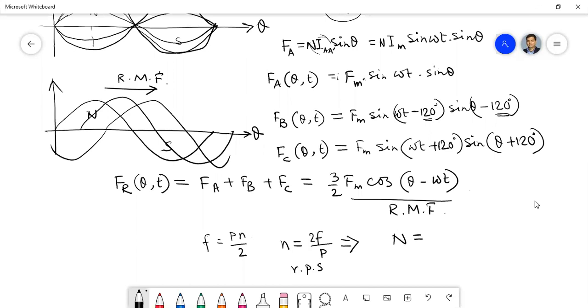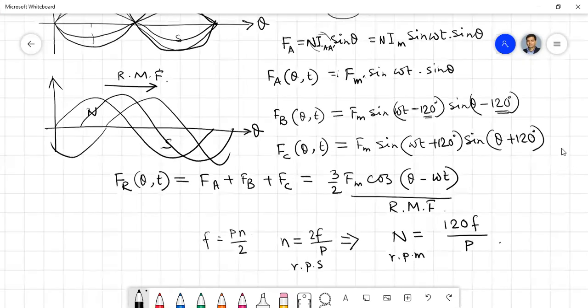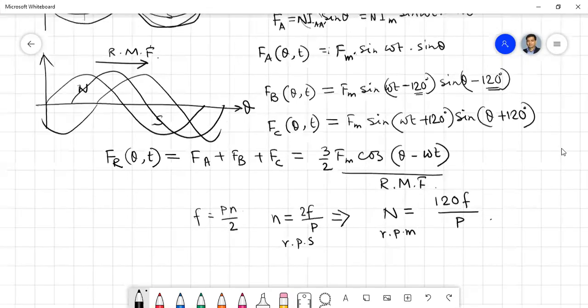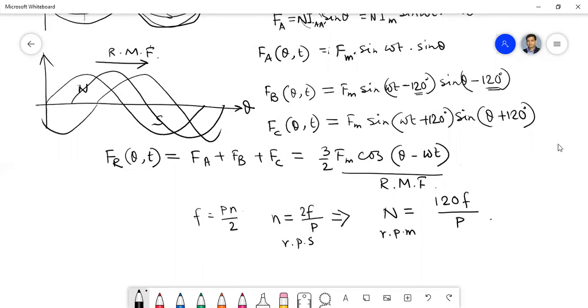So capital N, which is expressed in RPM, revolutions per minute, will be 120F by P. So this is how we can find out the speed at which the rotating magnetic field rotates.